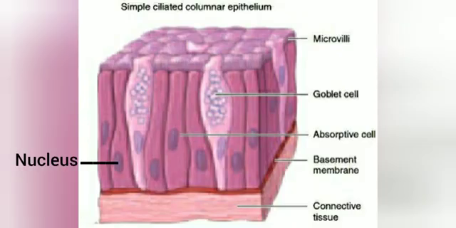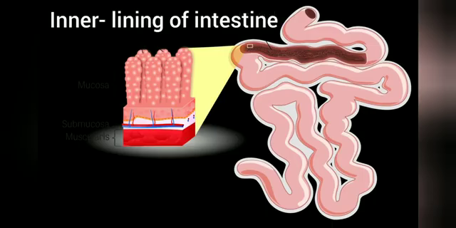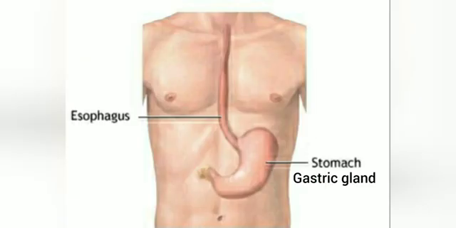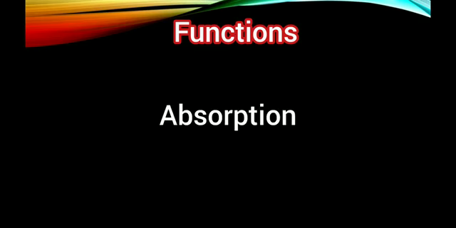Nucleus is oval in shape and it is present in the lower half of the cell. It is found in inner lining of intestine, gallbladder, gastric glands, intestinal glands, etc. Functions are secretion and absorption.